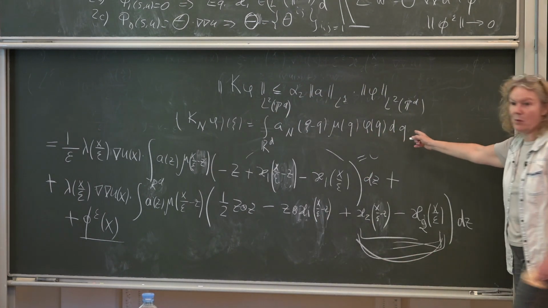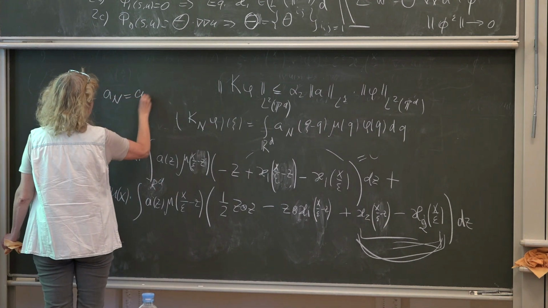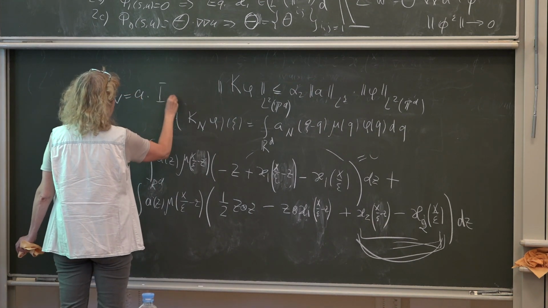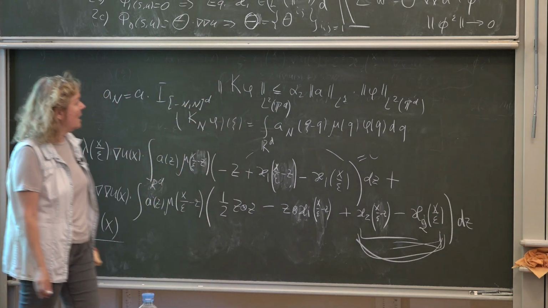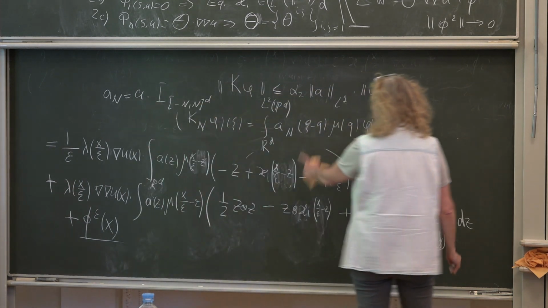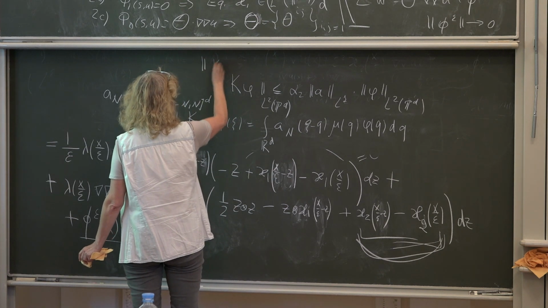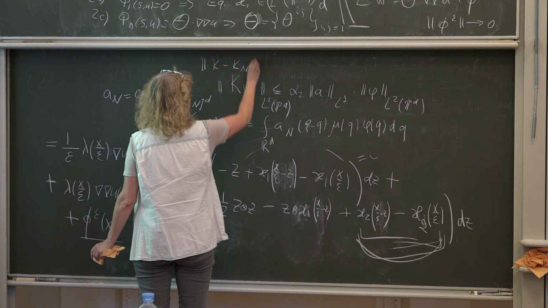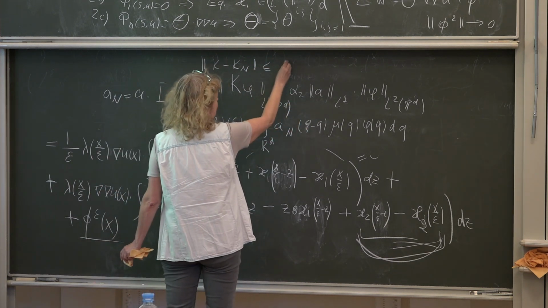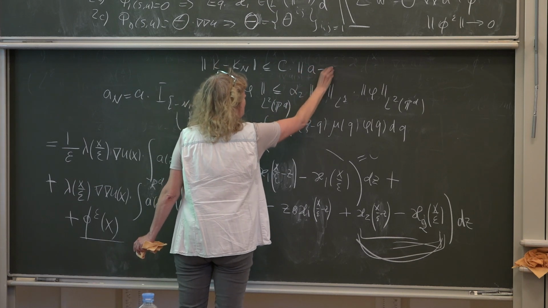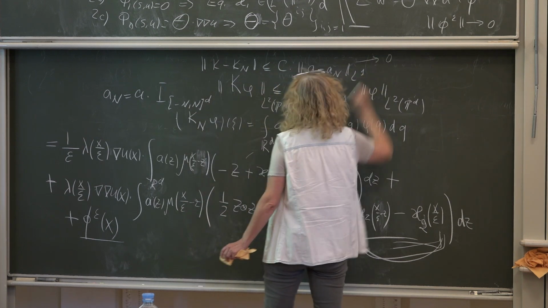Then this operator is compact, because we consider truncations. An is the function A times the indicator of the cube minus n, n to the d. And this operator is compact. And if we consider now the norm of the difference K minus Kn, then using this estimate we have that it is less than some constant times the norm of A minus An in L1. And of course, this tends to 0.